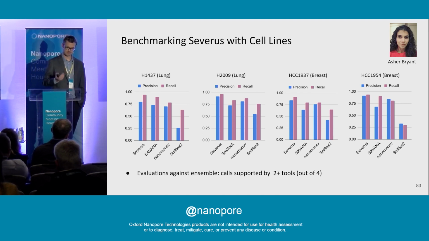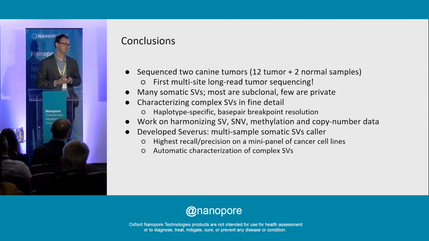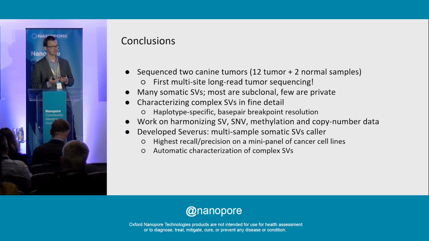So the conclusions: we sequenced 2 canine tumors with multiple sites, 12 tumor samples in total. And in fact, it seems to be the first multi-site long-read tumor sequencing, which is exciting, of course. We found many somatic structural variants, many complex somatic rearrangements.